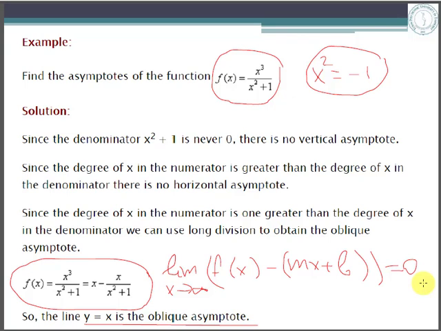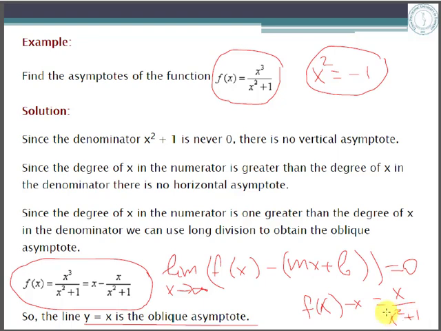So in our case, if f of x is this function, and if we subtract x here, what we get is f of x minus x. By long division, this is the function x over x squared plus 1.